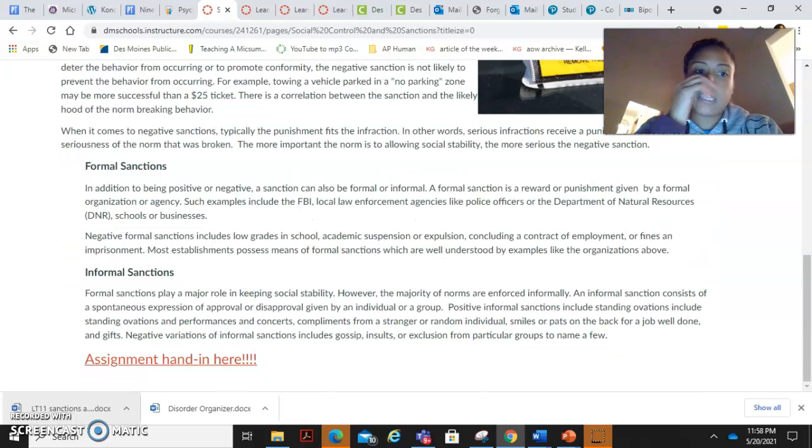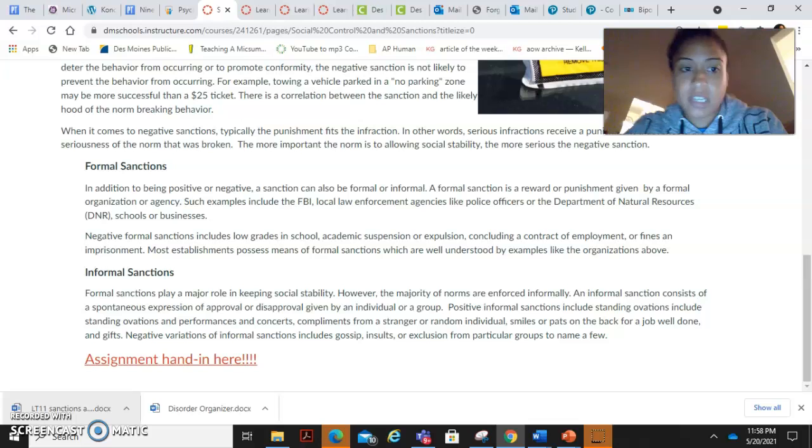Formal sanctions. In addition to being positive or negative, a sanction can be formal or informal. A formal sanction is a reward or a punishment given by a formal organization or agency. Such examples include the FBI, local law enforcement agencies like police officers or the Department of Natural Resources, the DNR, schools, or businesses.